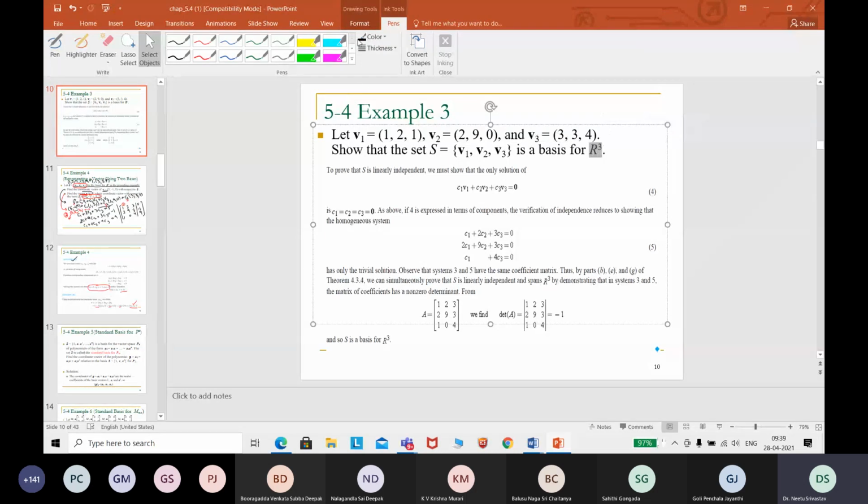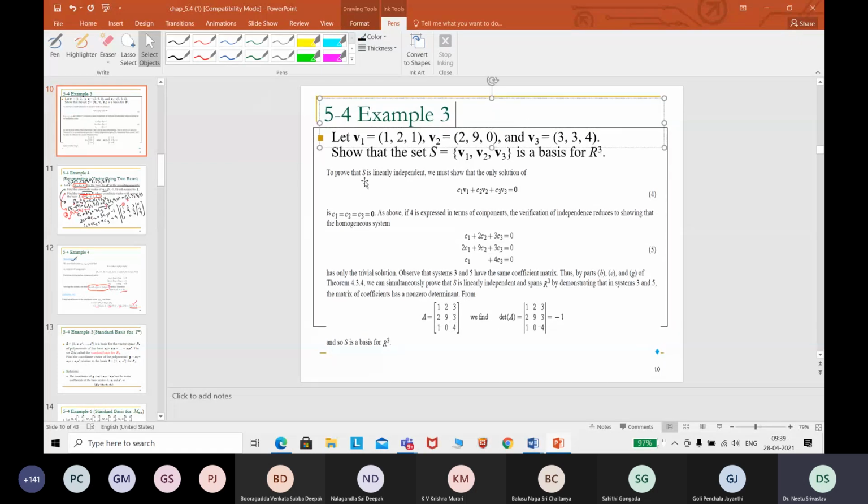There should be two conditions. The first condition says that these vectors should be linearly independent.